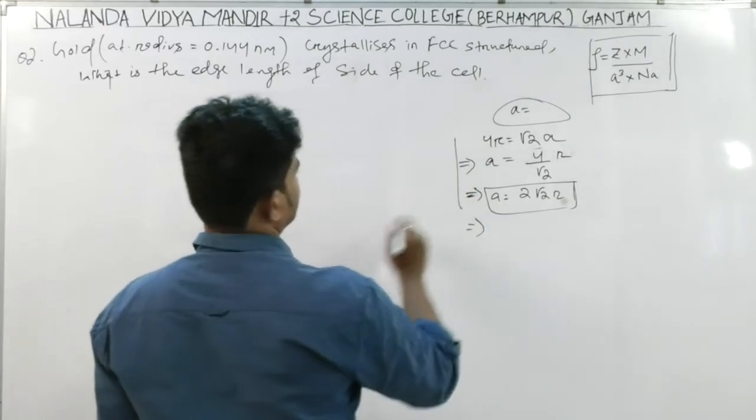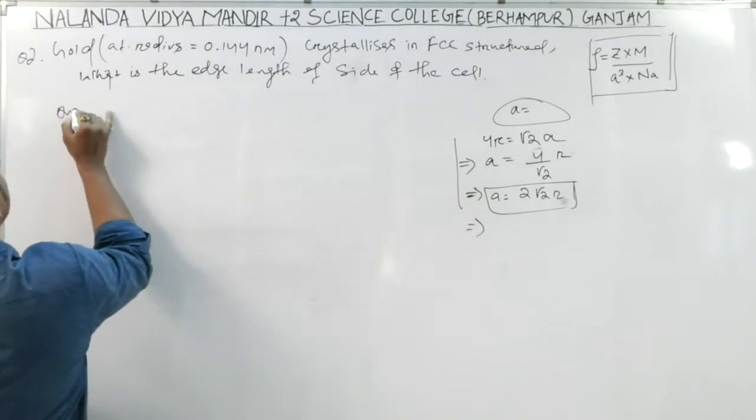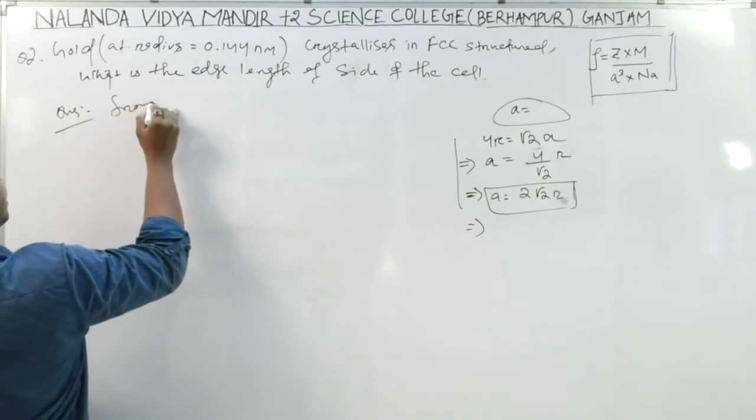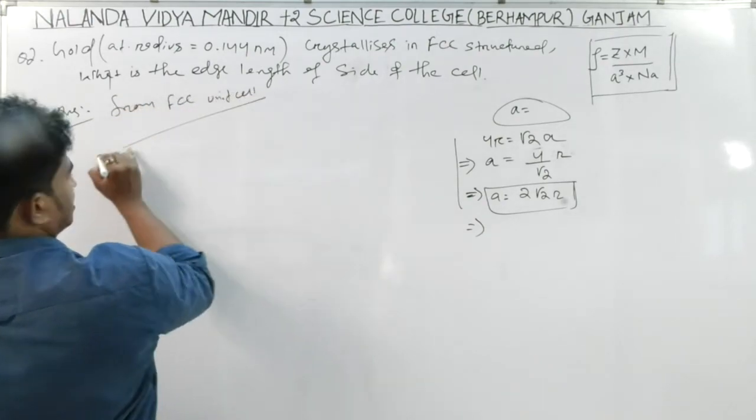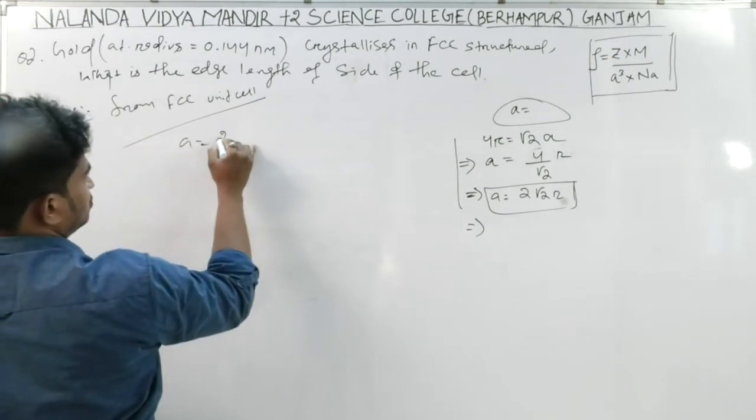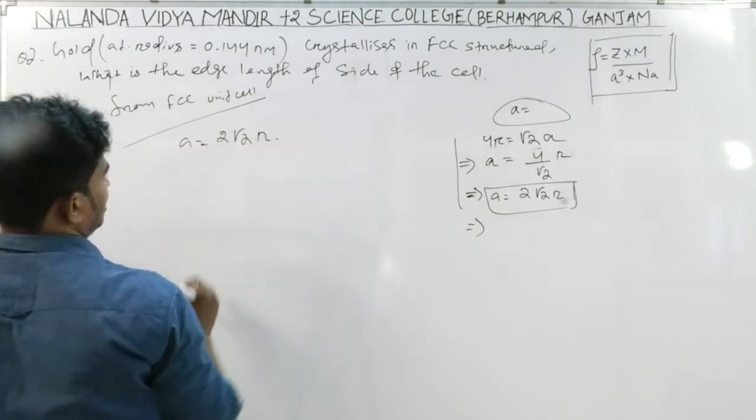So here, by placing the formula from the FCC arrangement of unit cells, a is equal to 2 root 2 r.